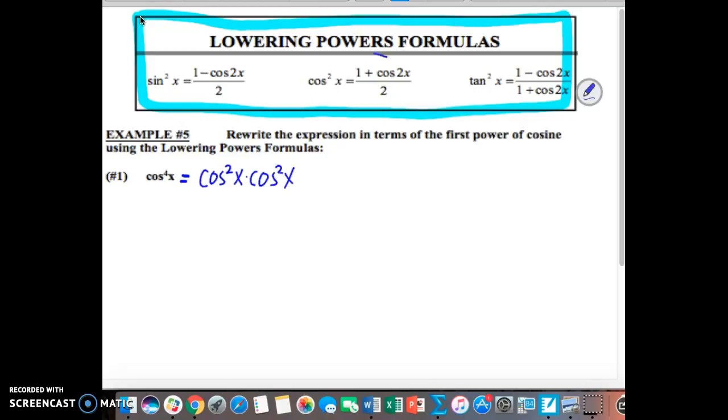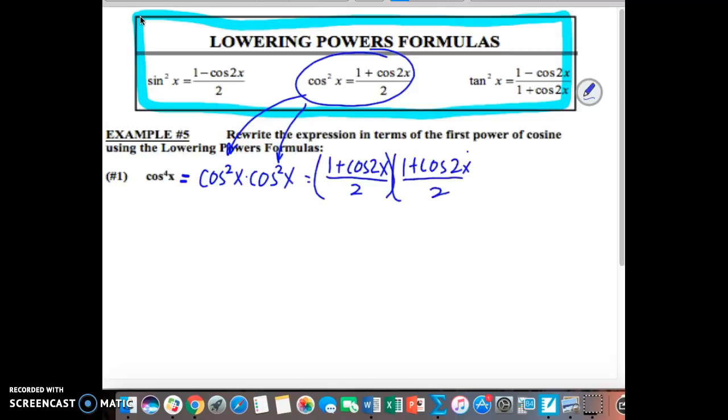Now just substituting in the formulas for cosine squared of x, we are left with 1 plus cosine of 2x divided by 2 times 1 plus cosine of 2x divided by 2.